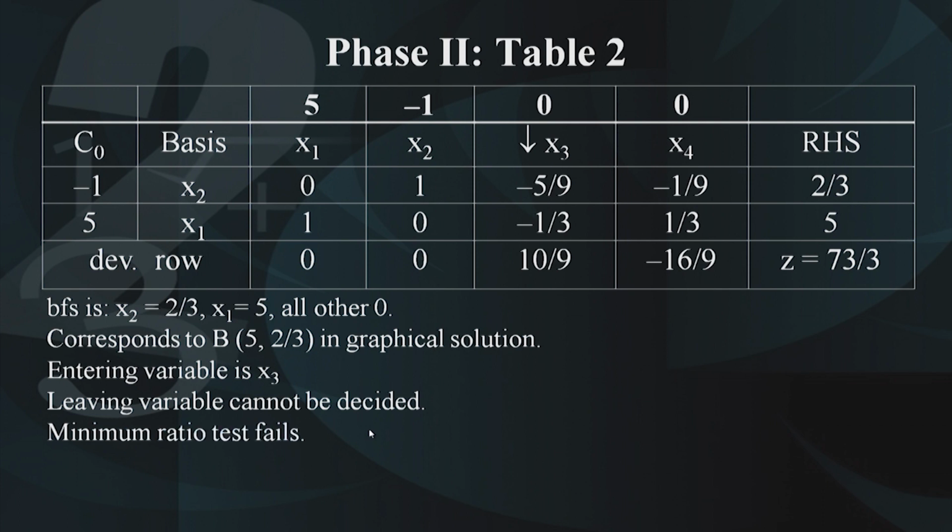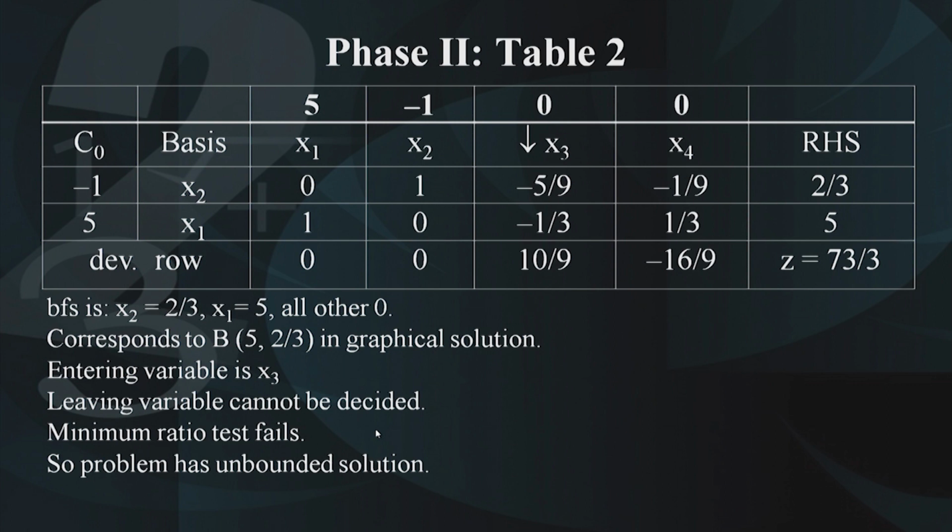So, the minimum ratio test has failed, and therefore, this is an indication that the problem has an unbounded solution. And in fact, this is what we were looking for.